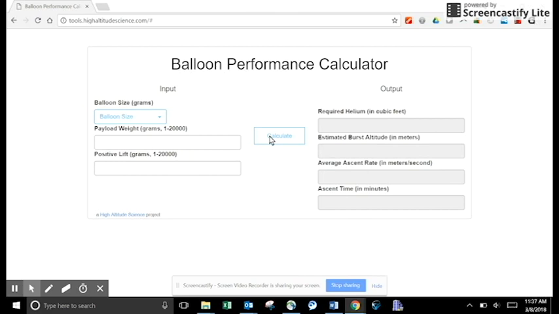Those last two, ascent rate and ascent time, are more important for predicting where this thing's going to land. But we're focused on the required helium in cubic feet that we need to put in this thing.